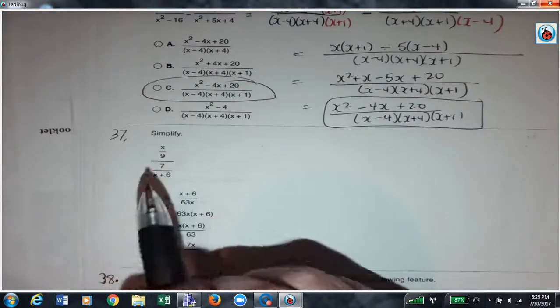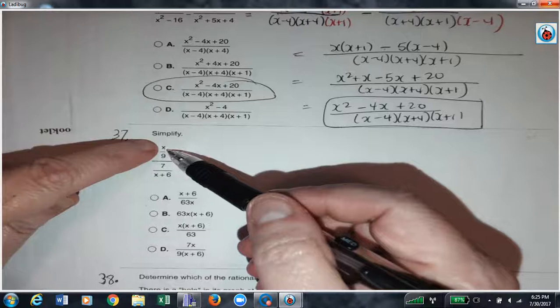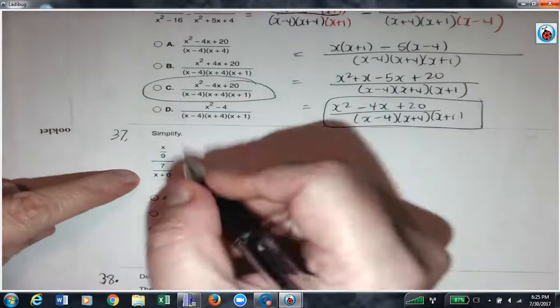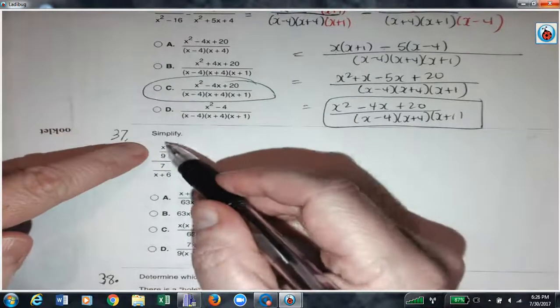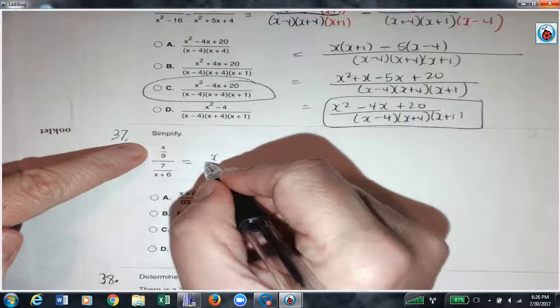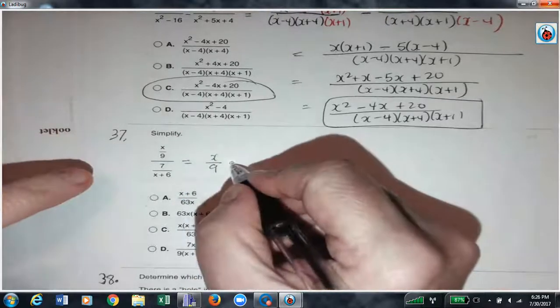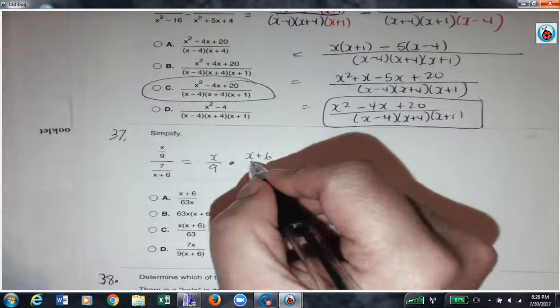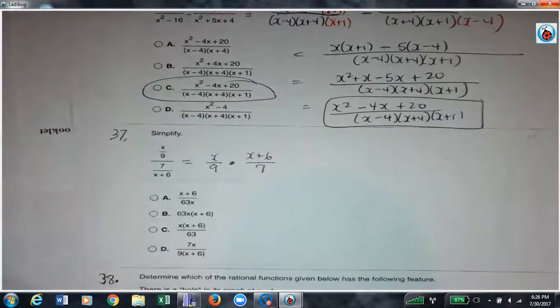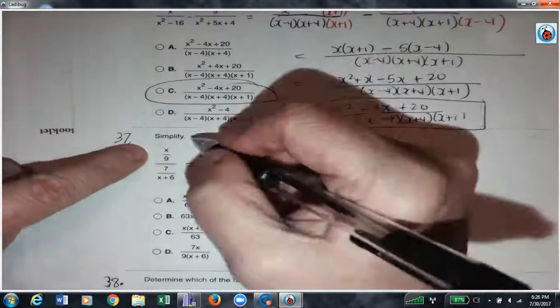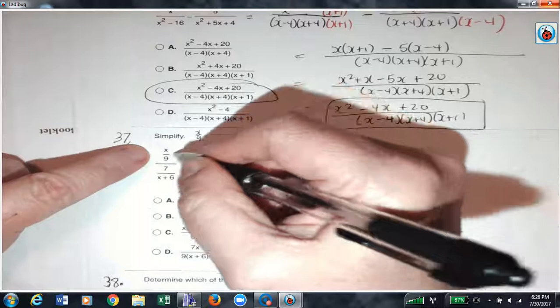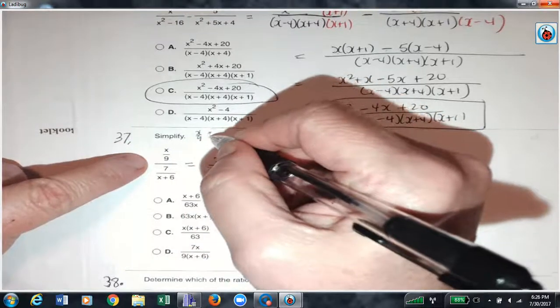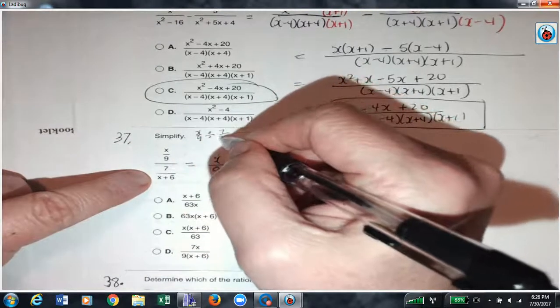Simplify this. Well, remember, if you have a fraction divided by a fraction, that's the same thing as the fraction in the top times the flip of the fraction in the bottom. Because this is really just x over 9, the fraction in the top, divided by the fraction in the bottom.